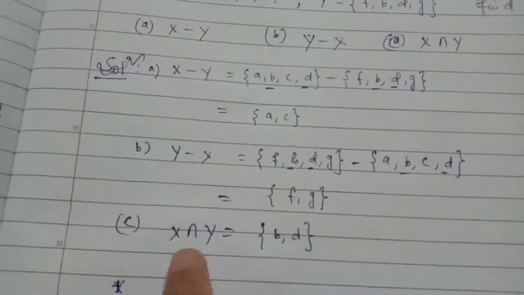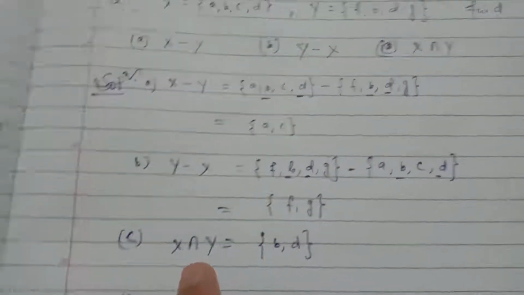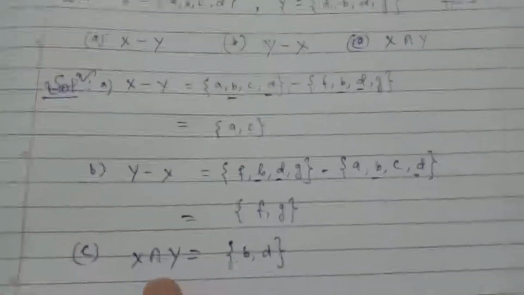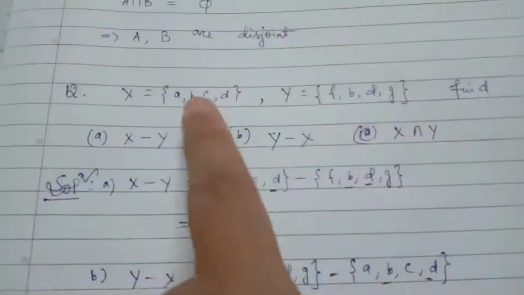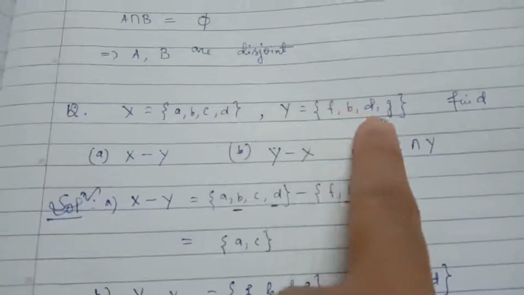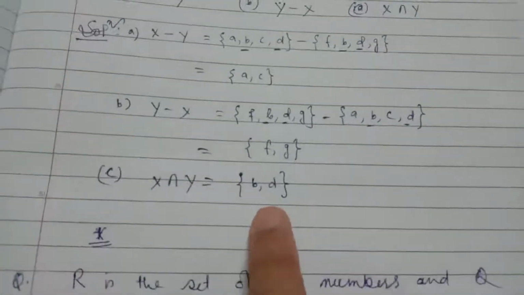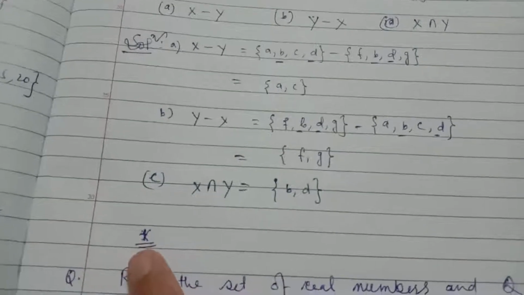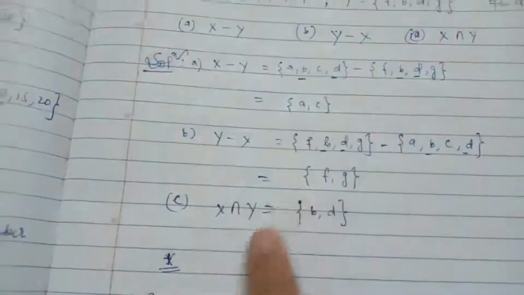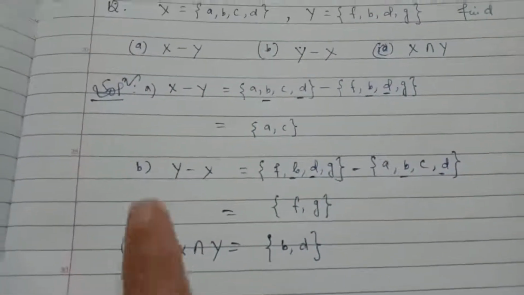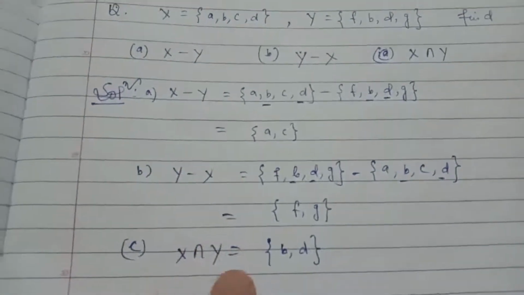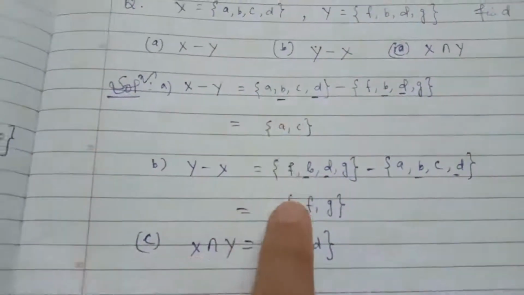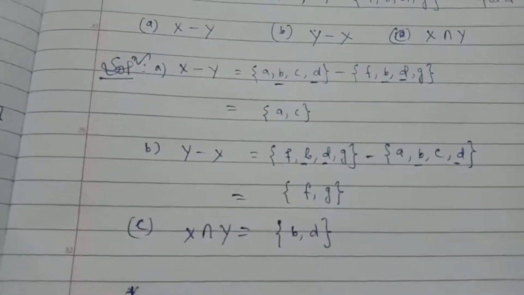And X intersection Y means the elements which are common to both X and Y. So b and d are the common elements. I marked this question by star. Now, what is common to X minus Y, Y minus X, X intersection Y? Nothing is common, you can see.